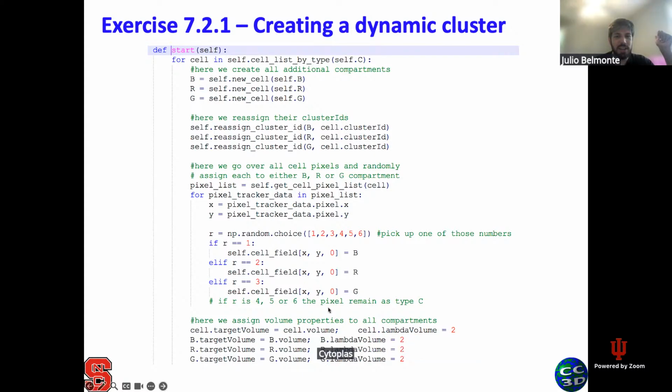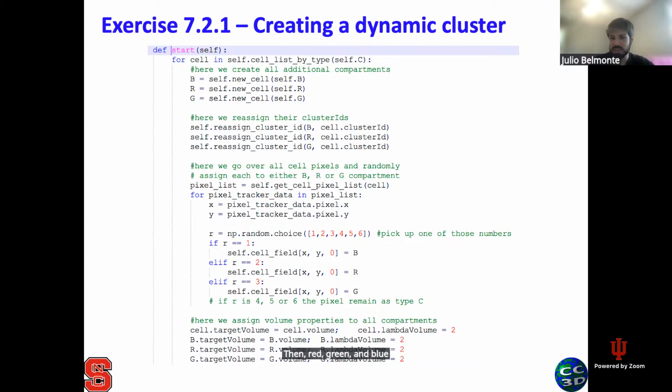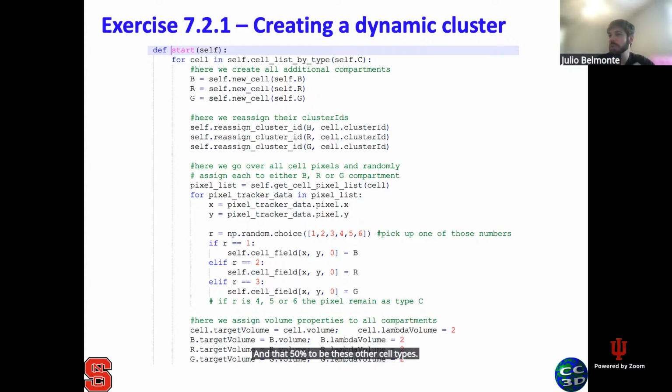Why 6 choices? It's just because that sets the ratio between cytoplasm and the others. I want to have more cytoplasm than red, green, and blue cells. So that's why I made 50% of my cells to be cytoplasm and the other 50% to be these other cell types. That's a completely arbitrary choice.